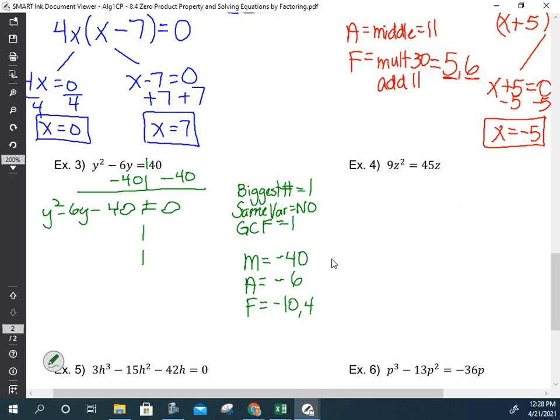Negative 10 times 4 is negative 40. Negative 10 plus 4 is negative 6. That's your winning combination.